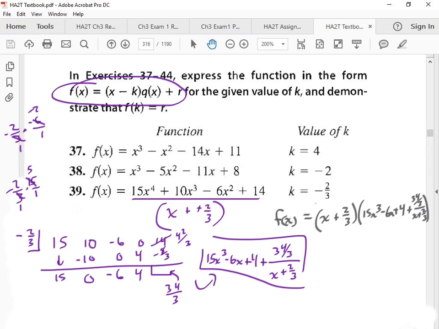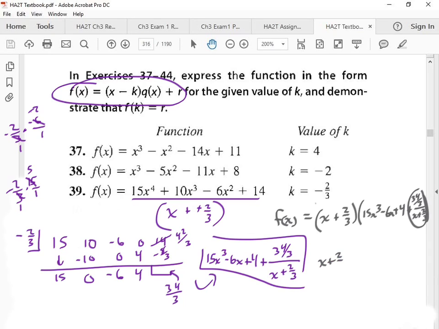Now, how can I get this guy out of here? If I actually multiplied those, do you know what happens? They cancel. This cancels out with that, right? So if I were to take this out of that, it would look like this.